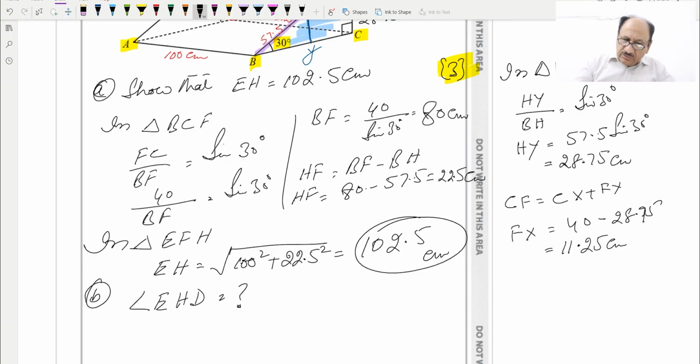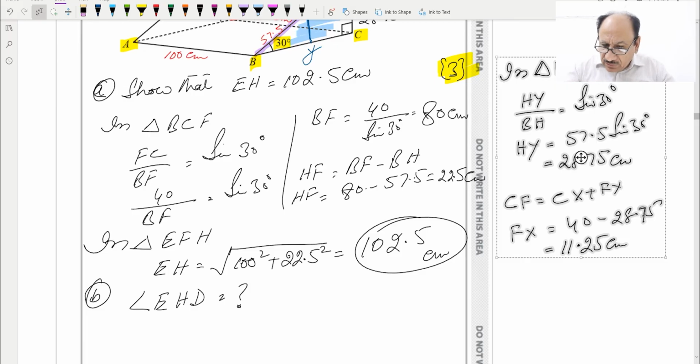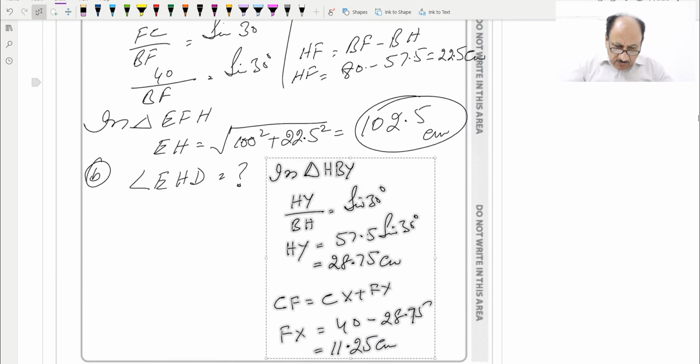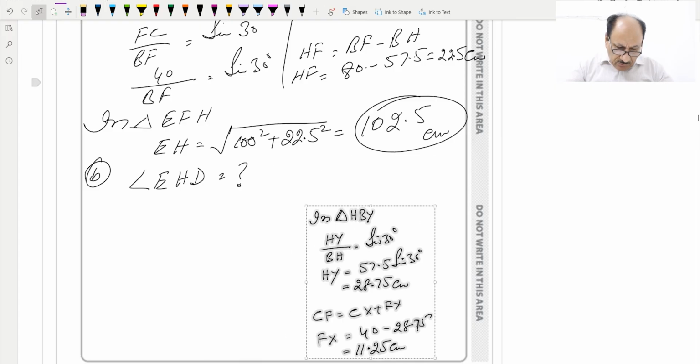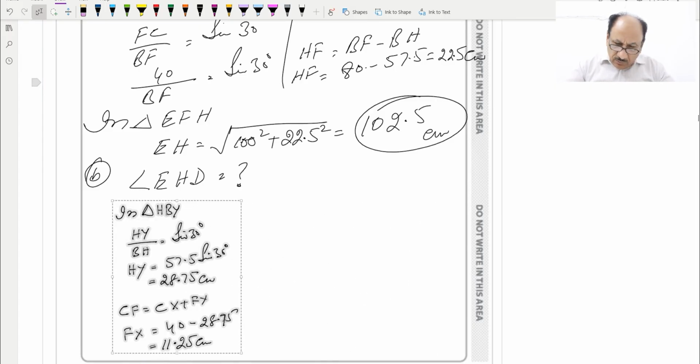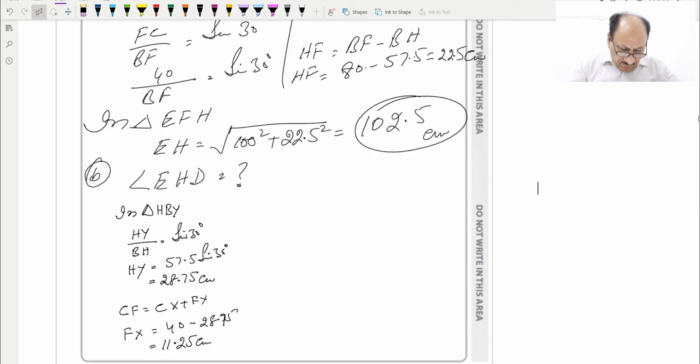We got this information, and we can shift this information over to the proper place. We reached up to 11.25 centimeters, which is fx.